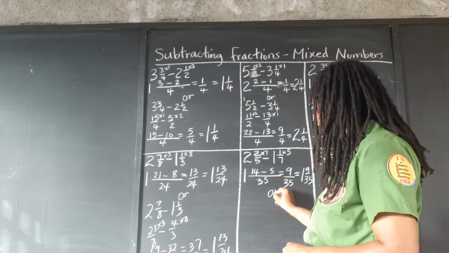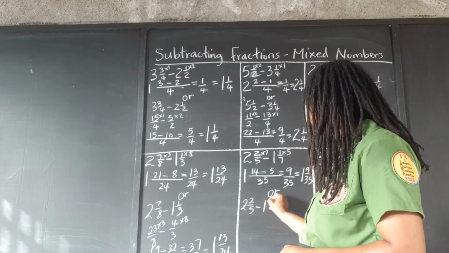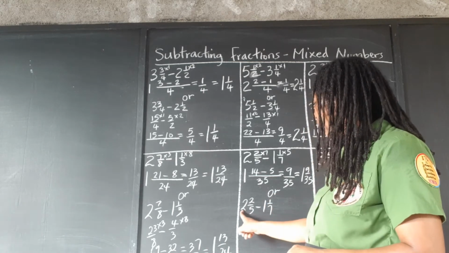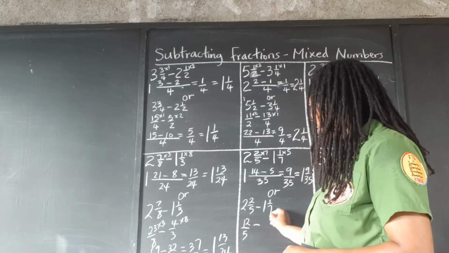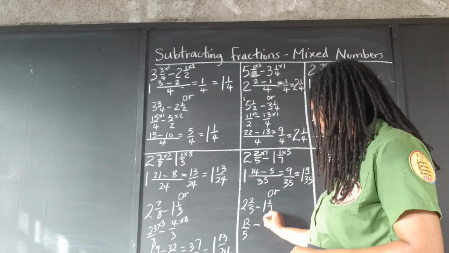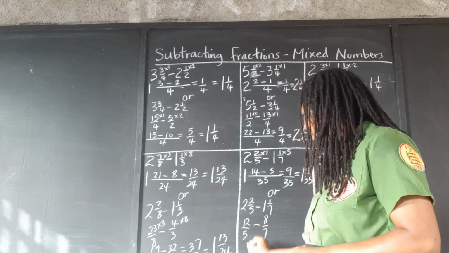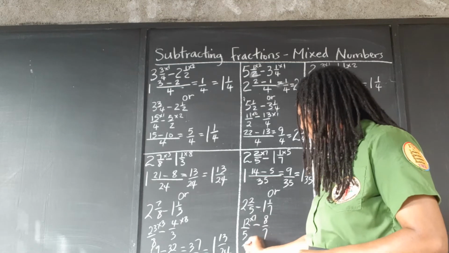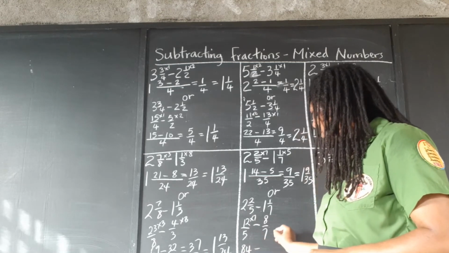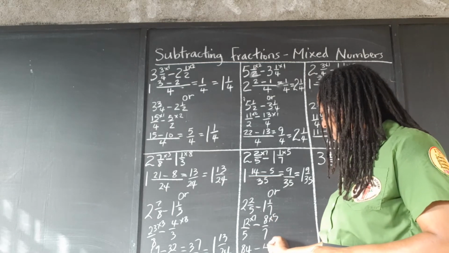Or, working the other method, 5 2s are 10 and 2 is 12 over 5. 7 1s are 7 and 1 is 8 over 7. Still finding the LCM. 5 into 35 is 7. 12 7s are 84. 7 into 35 is 5. 8 5s are 40.